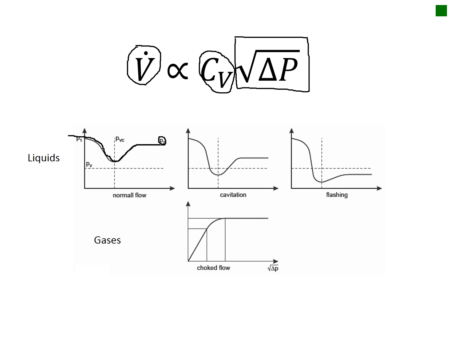Now, if we are above the vapor pressure of that liquid all the way through the valve, we have no problems. But let's take a look at what happens if we approach the vapor pressure of the liquid. For instance, we could come in at P1 and then our pressure at the vena contracta is below the vapor pressure of the liquid, and then it recovers back until we're above that vapor pressure of the liquid at P2.